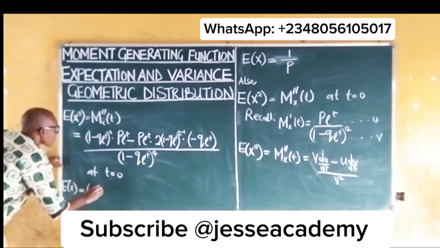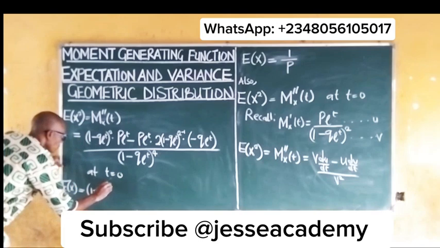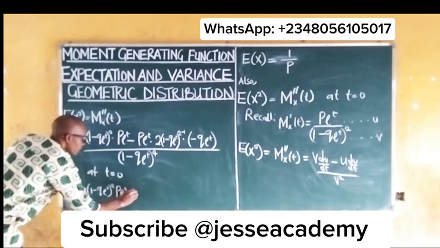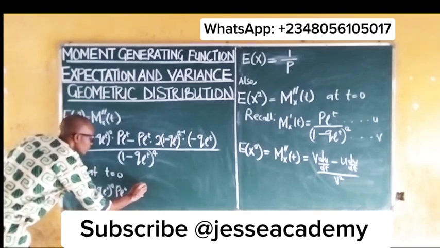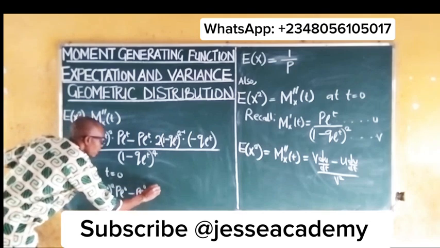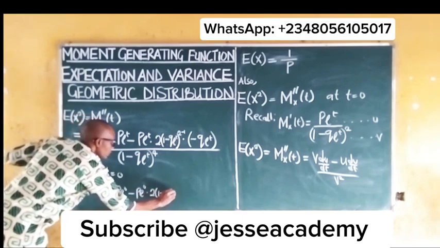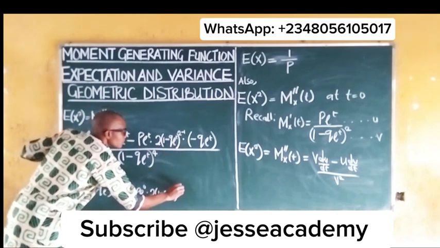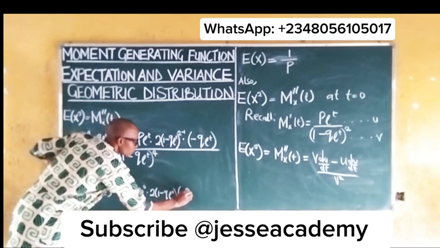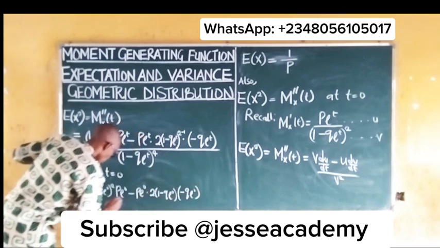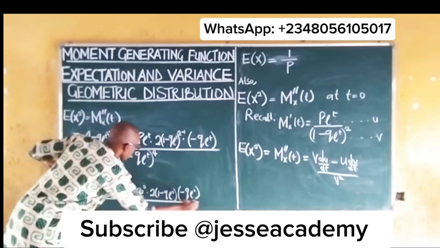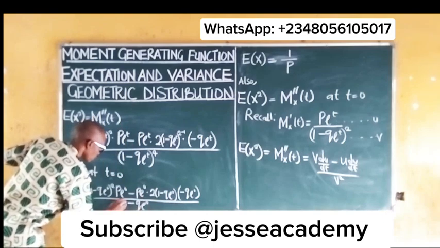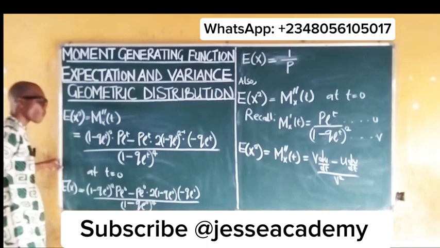We have (1 minus q e^0) squared, p e^0 minus p e^0 multiplied by 2 times (1 minus q e^0) to the power of 2 minus 1, which is 1, into minus q e^0, all over (1 minus q e^0) raised to the power of 4.